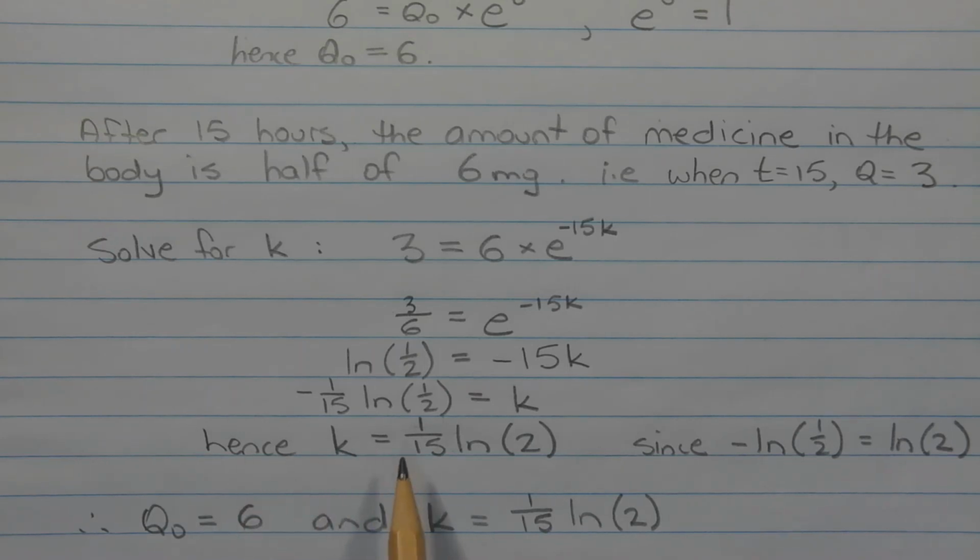Hence k is equal to 1 over 15 times ln of 2, since negative ln of 1 over 2 is equal to ln of 2. Therefore, Q0 is equal to 6 and k is equal to 1 over 15 times ln of 2.